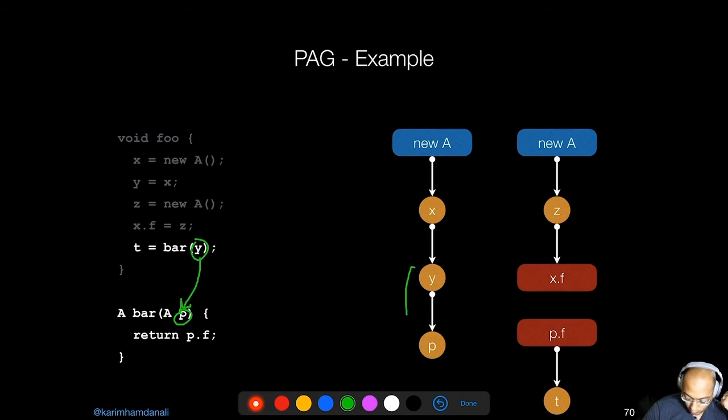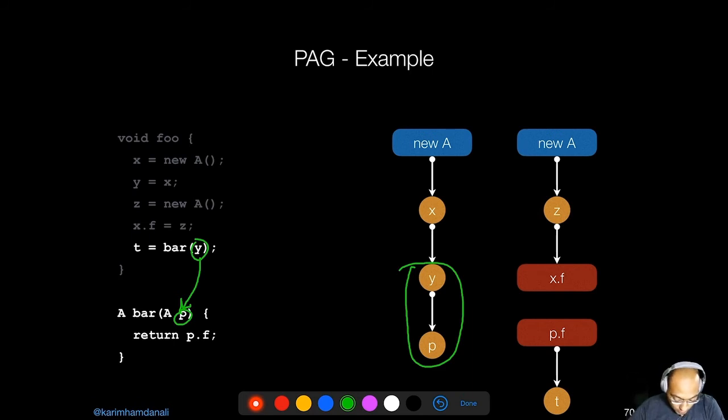So in this case, I have to say y is going to flow to P. Even though there is no explicit assignment, it's an implicit one just by the fact that I'm calling that method with this argument. If here I had bar of A, I would have created a node A and then connected that to P. But I don't have that, so I'm not going to do that.